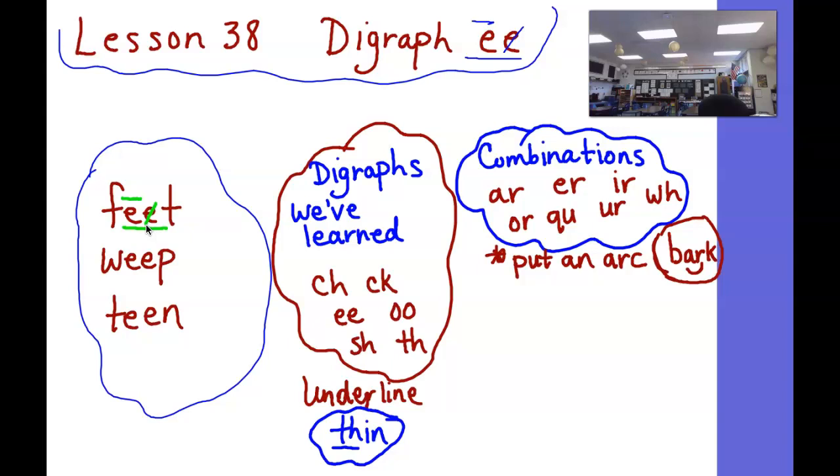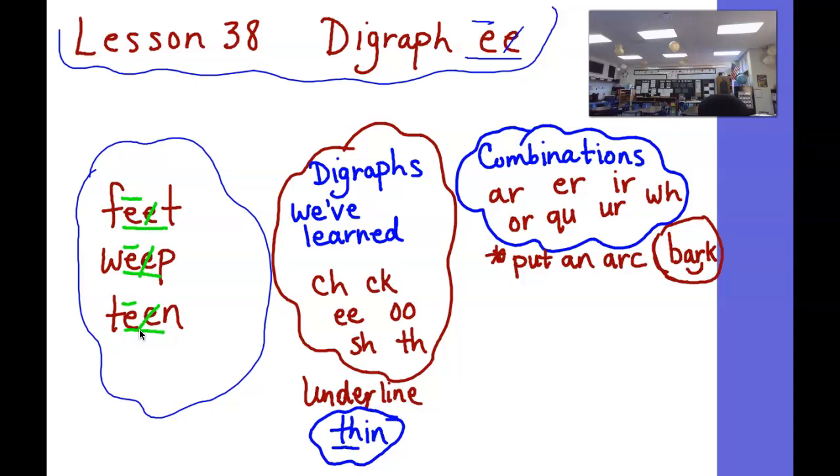Okay, second word, weep: underline the digraph, cross out the second E, and macron over the first E. Last one, we have teen. We're going to put a macron and cross it out. Okay.